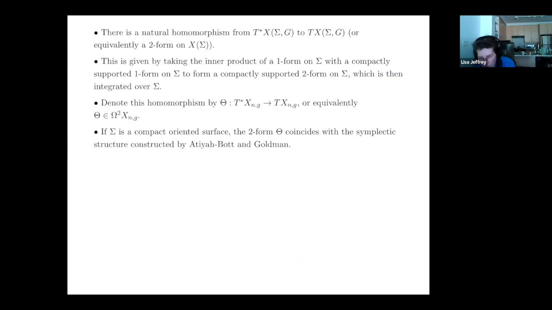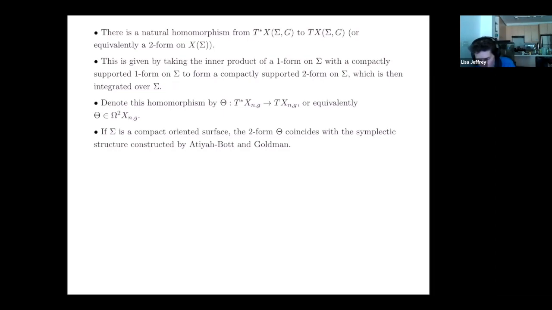So then there is a natural homomorphism from the cotangent bundle of sigma to the tangent bundle of sigma, or equivalently a 2 form on the character variety. That's basically what we've already constructed. This is given by taking the inner product of a 1 form on sigma with a compactly supported 1 form on sigma to form a compactly supported 2 form on sigma. And then you integrate that over the surface.